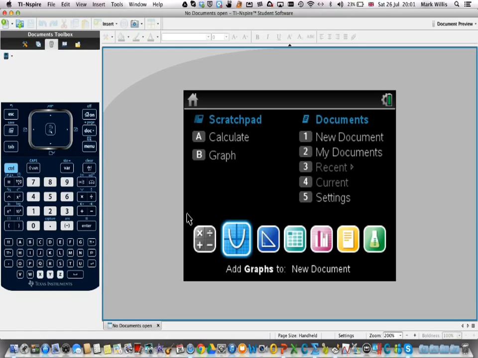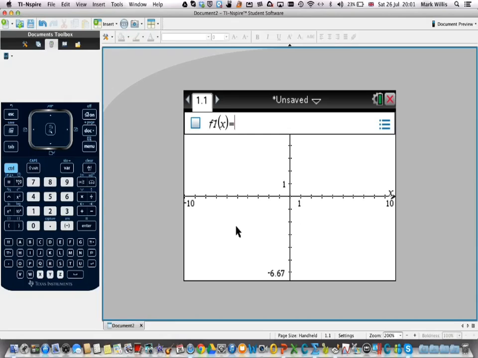Now, if I want to do that on my GDC, again I go to graphing mode, and put in the function. You have to use brackets here, so be careful using brackets. So 3x plus 2 divided by brackets x minus 1.